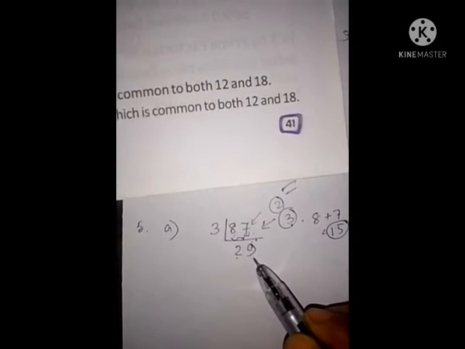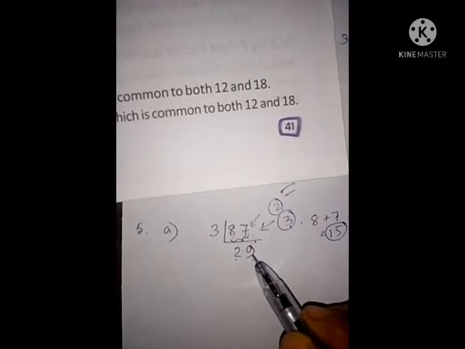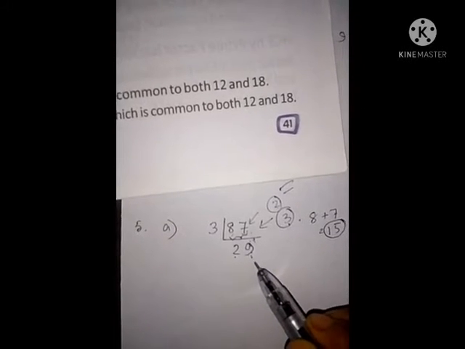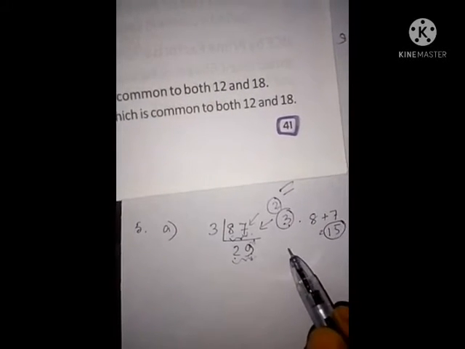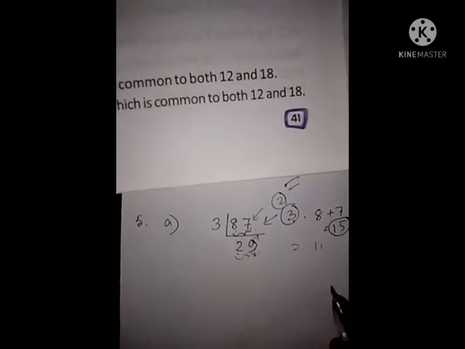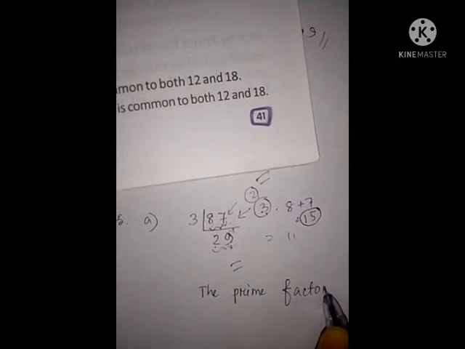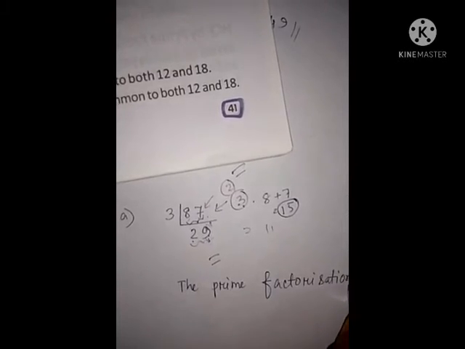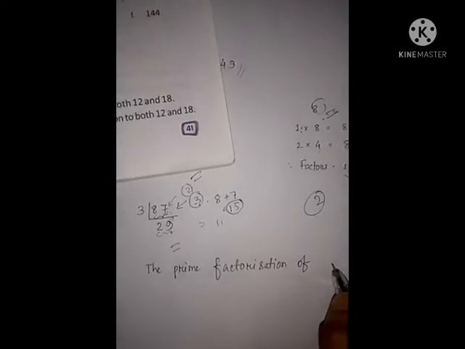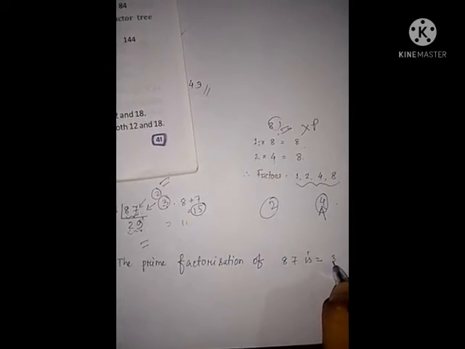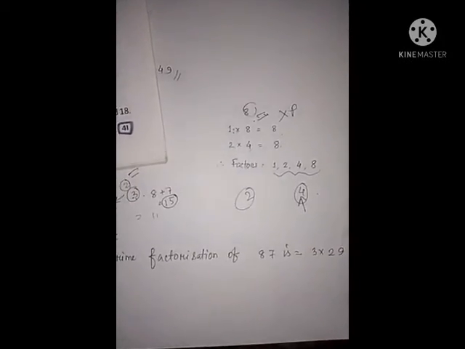Now see, this is not divisible by 2 because an odd number is present here, and this is also not divisible by 3 because the sum of these two digits is 11. So the prime factorization of 87 is equal to 3 into 29.